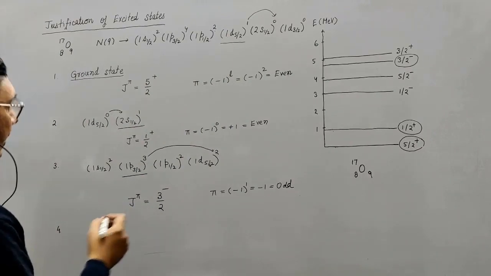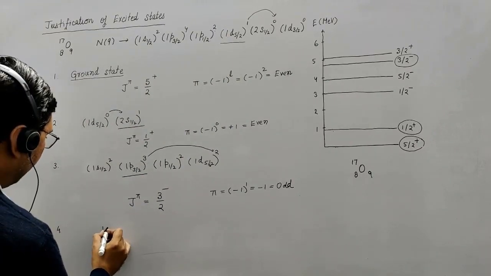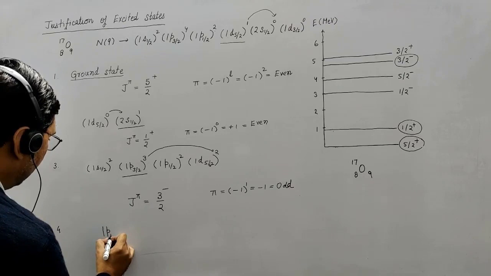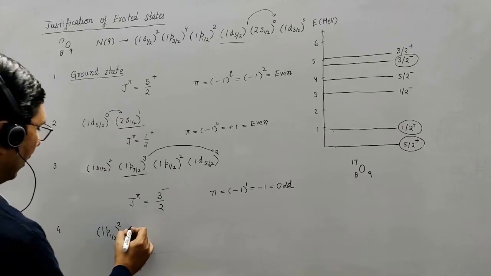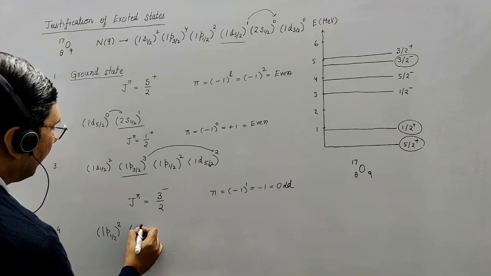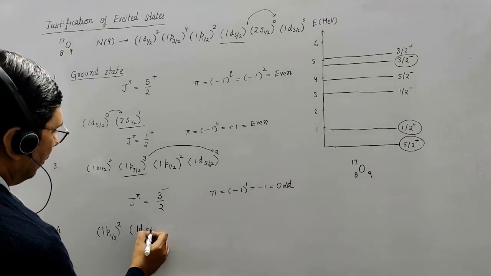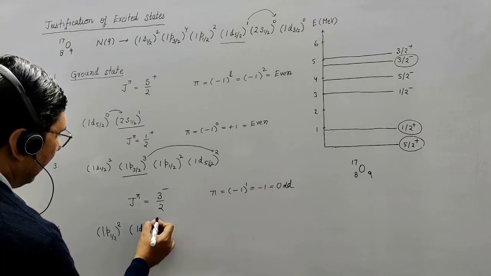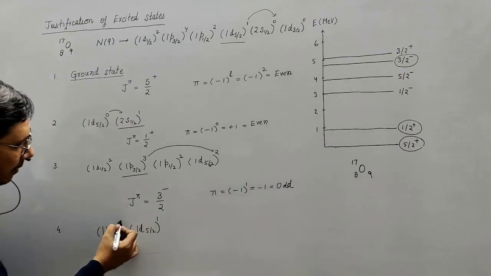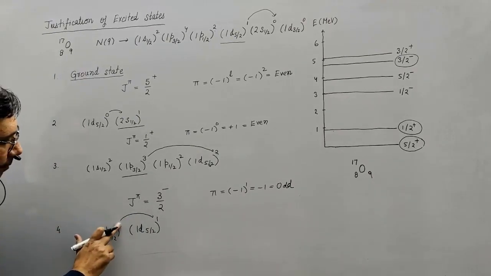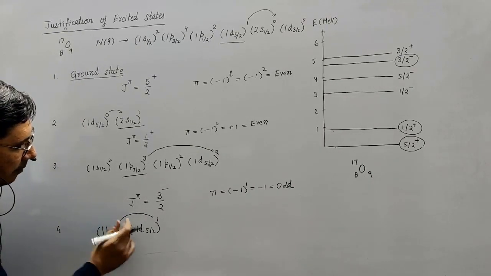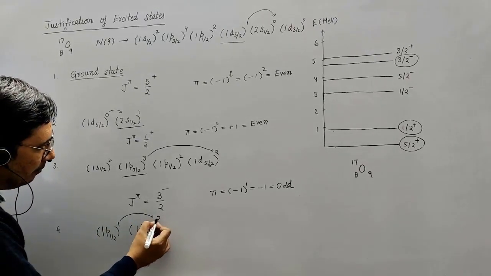So another excited state you can observe if one of the particles in 1p 1/2 jumps. Initially it has 2 here, and the 1d 5/2 sublevel has 1. If this pair breaks and it jumps from here to here, then the number here will become 1, and here it will be 2.